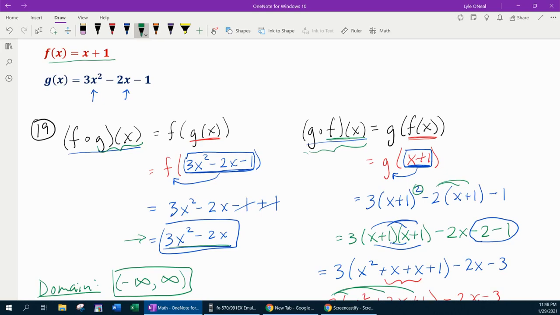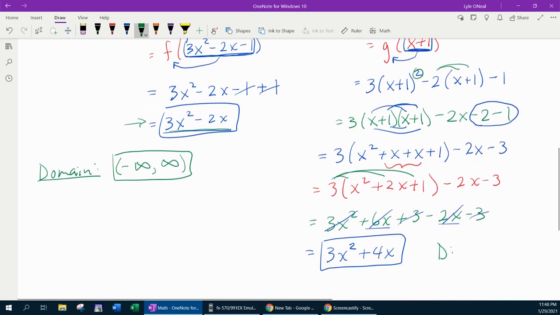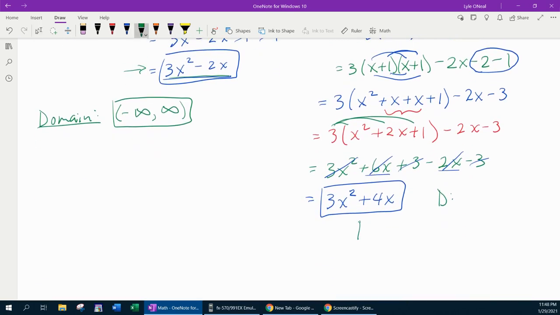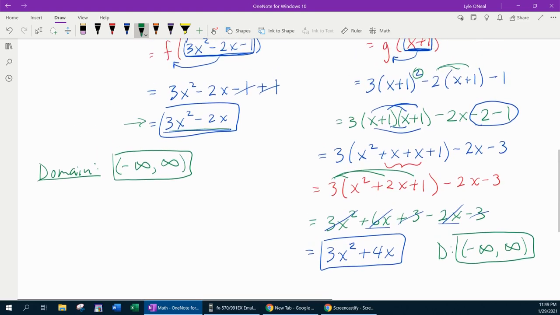And a line that has a slope, as long as it's not a vertical line, is going to be all real numbers for the domain. There's no restriction for a linear function unless it's a vertical line. And then there's no restriction for a polynomial, so this is not going to have a restriction. So again, the domain is going to be all real numbers, minus infinity to infinity for this problem.